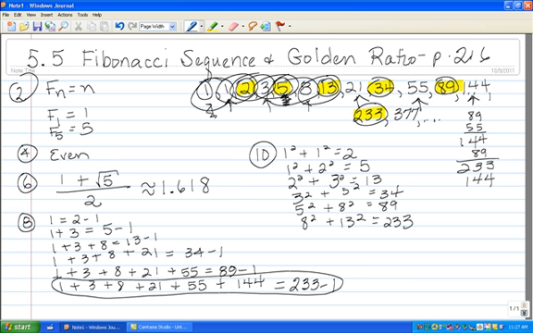And that's easy enough to check with your calculator to make sure that it is true. 8 squared plus 13 squared does equal 233. So we're looking for patterns here. A lot of math can be solved by looking for patterns.